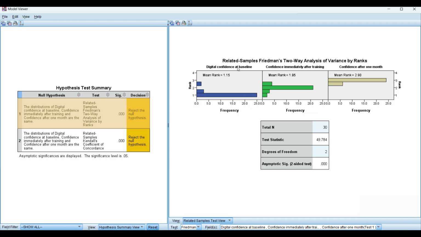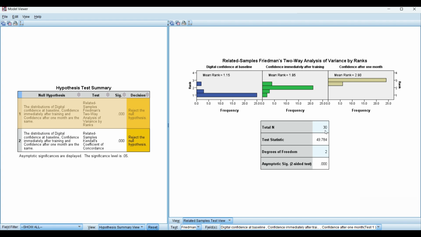You can see the related samples Friedman two-way analysis of variance by ranks. The mean rank is 1.15 at baseline, 1.95 immediately after training, and 2.9 for confidence after 1 month.